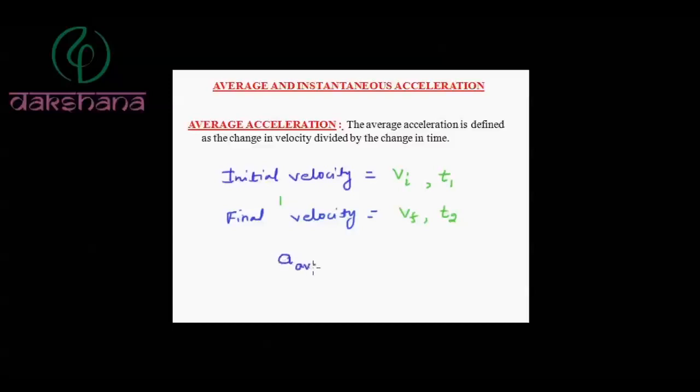Because it's a vector, we should put a vector sign: average acceleration equals final velocity minus initial velocity upon the time interval, or equivalently the change in velocity vector divided by the time interval. This is the way we define average acceleration.